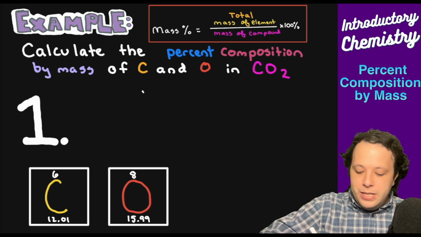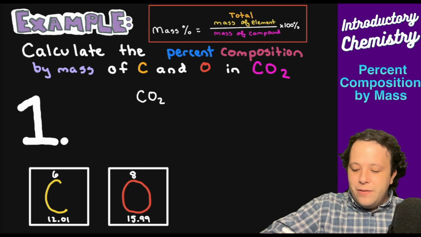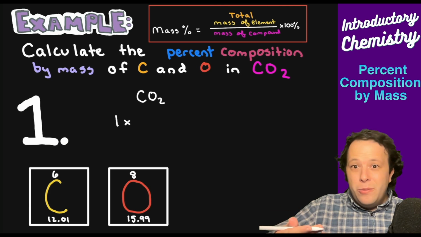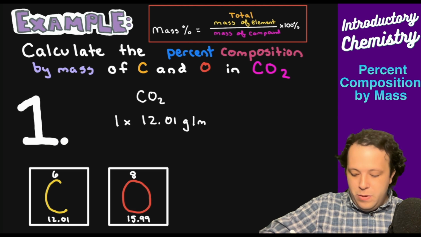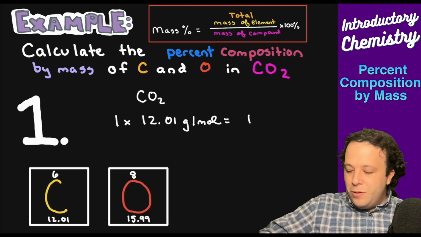In CO2, I have 1 carbon atom, so I'm going to multiply that 1 by its molar mass. 1 times 12.01 grams per mole gives 12.01 grams per mole.